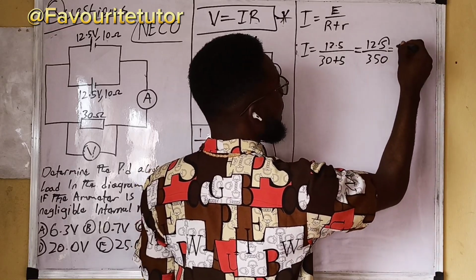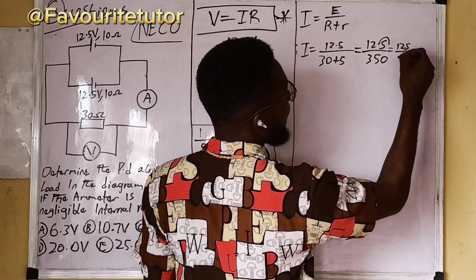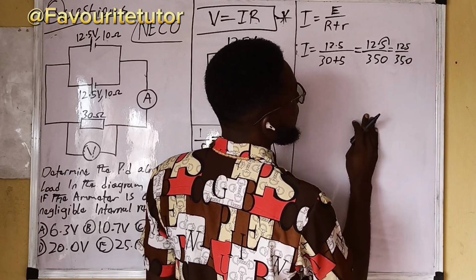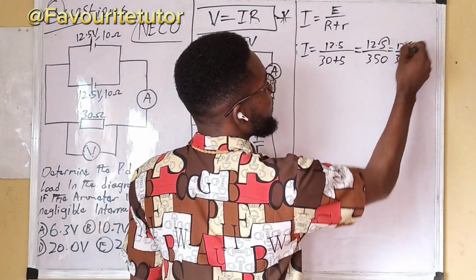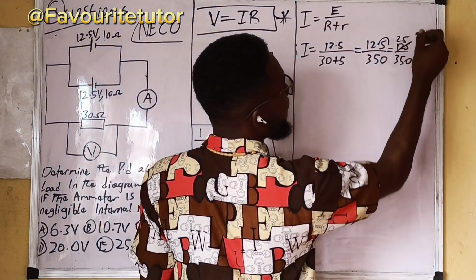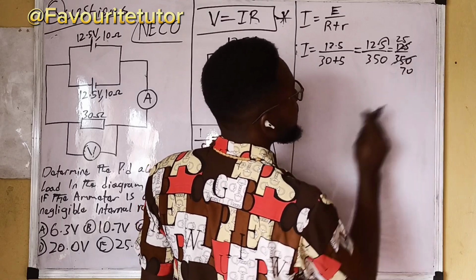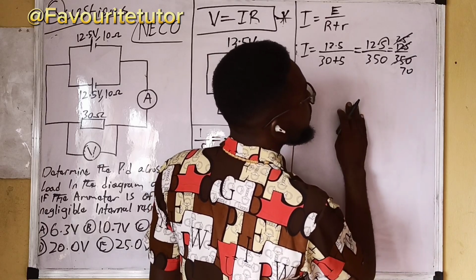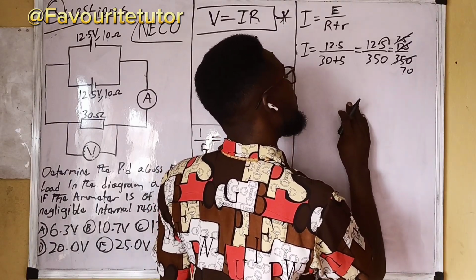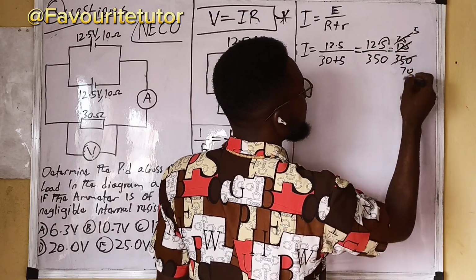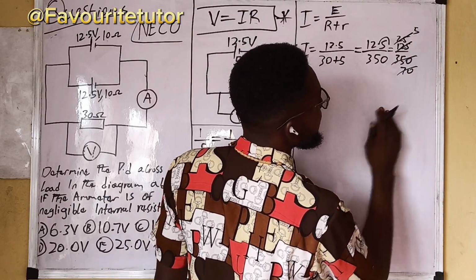So therefore, I have 125 over 350. 5 can divide. So 5 going into 125, I have 25. 5 going into 350, I have 70. 5 going into 25, I have 5. 5 going into 70, I have 14.